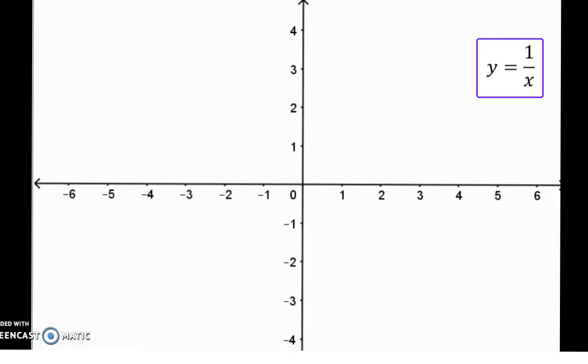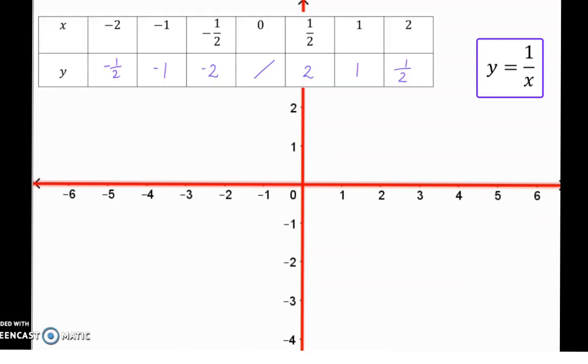We now saw that the hyperbola has two asymptotes. Firstly, it can never touch the y-axis because the x value can never be 0. And similarly, it cannot touch the x-axis. If we now go and plot all the coordinates that we calculated, you will see that this graph consists of two parts. The first part, and then it has to jump over the y-axis and the x-axis to form the second part.